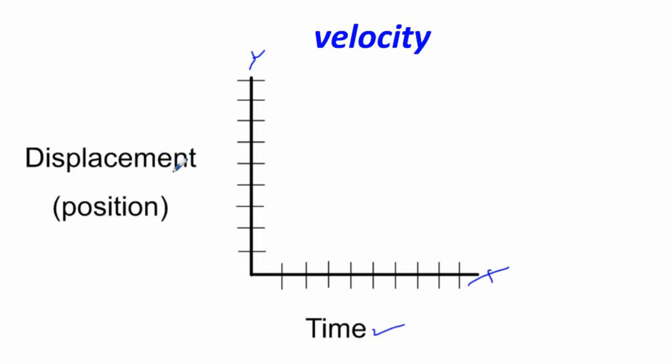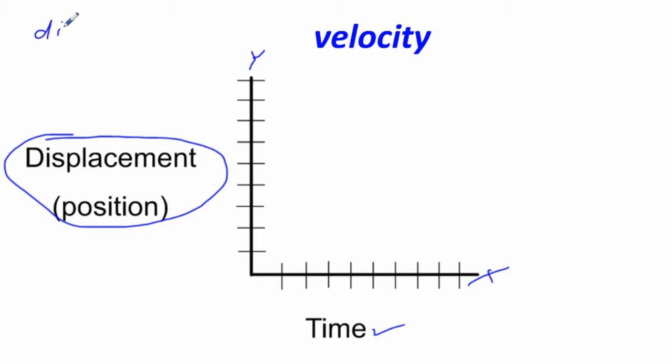Notice we have displacement or a position. That's where the difference is. So when you're looking at these graphs, if you see the word displacement, or a lot of times you'll see position, then you know we're looking at a velocity graph. If you see the word distance, then you know we're looking at a speed graph.